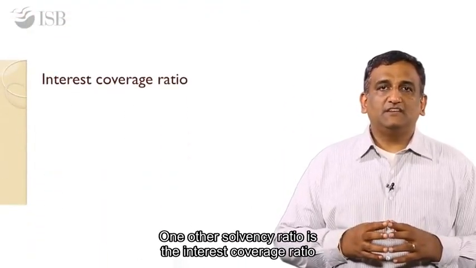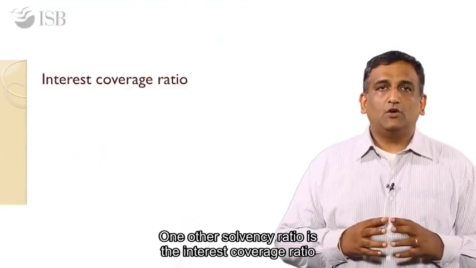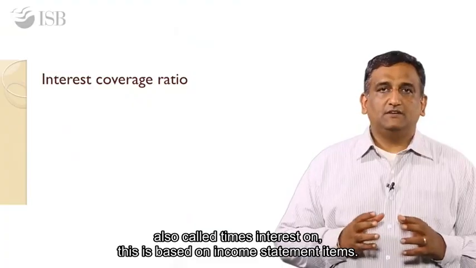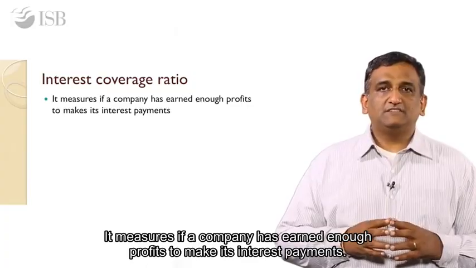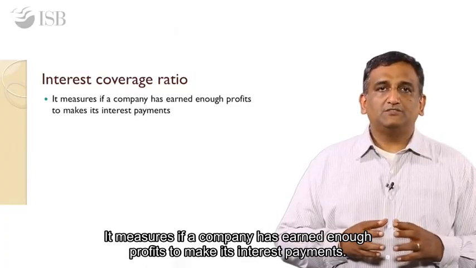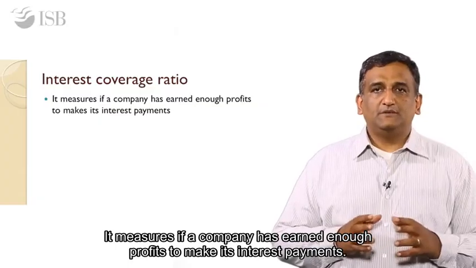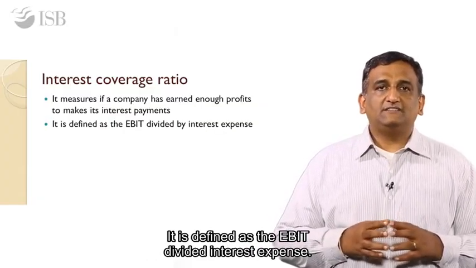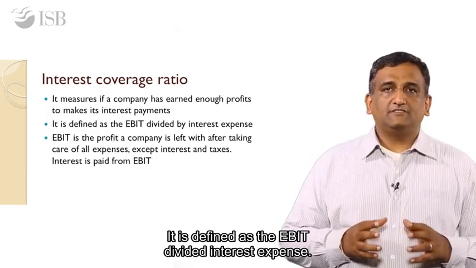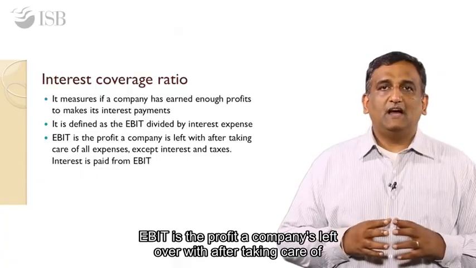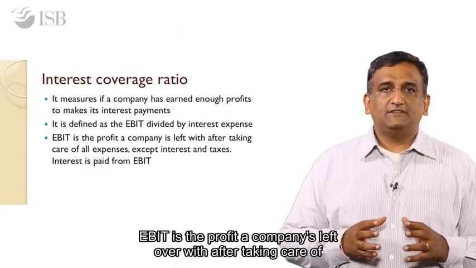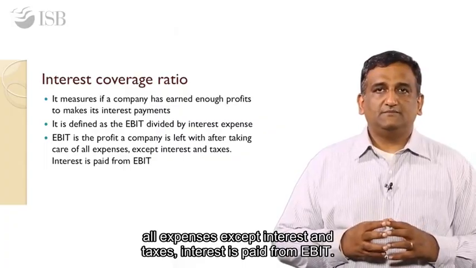One other solvency ratio is the interest coverage ratio, also called times interest earned. This is based on income statement items. It measures if a company has earned enough profits to make its interest payments. It is defined as the EBIT divided by interest expense. EBIT is the profit a company is left over with after taking care of all expenses except interest and taxes.